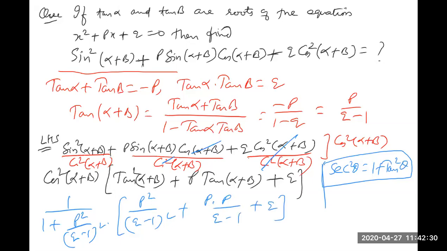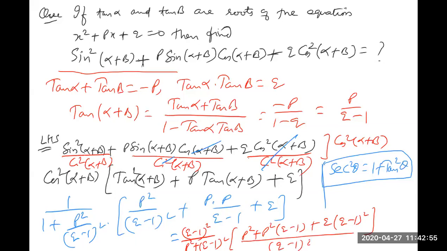Simplify this and you will get the answer. This is equal to [(q minus 1) square upon p square plus (q minus 1) square] into p square plus p square into (q minus 1) plus q into (q minus 1) square, upon (q minus 1) square. You can see this part will cancel this part. If you simplify, p square will cancel, only q will be left. All other things will cancel out.